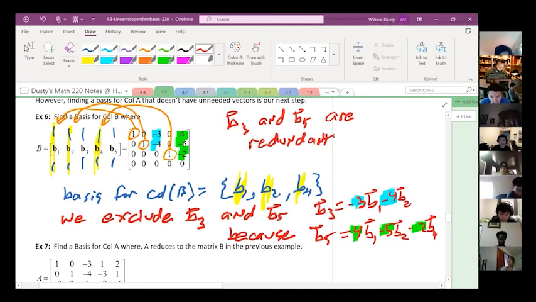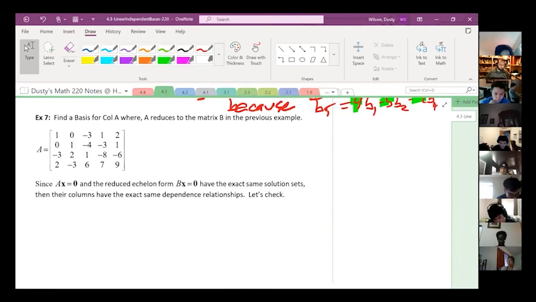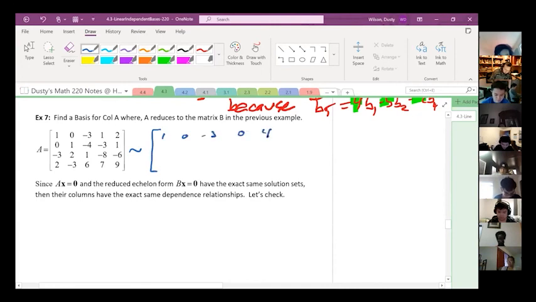All right, so let's see if we can do something a little bit more generic. If we want to find a basis for the column space of A, where A reduces to matrix B in the previous example, we're saying that if we started with A, this ugly thing that's given, it's going to row reduce to the matrix above: 1, 0, -3, 0, 4; 0, 1, -4, 0, -5; 0, 0, 0, 1, -2, and zeros across.